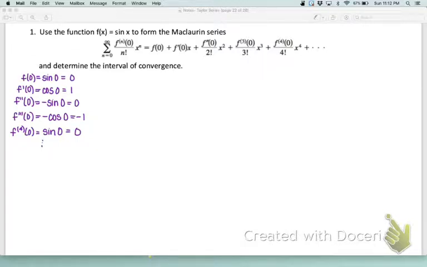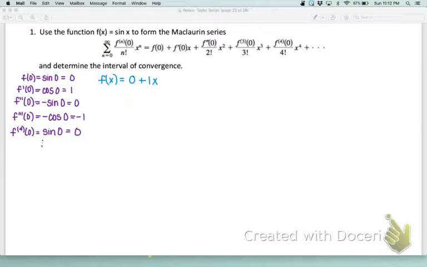So we can use those coefficients and use the pattern that we know for Maclaurin series. And we're going to set this up. So we're going to say that f of x, which is the function sine of x in this case, is going to be equal to f of 0, so that's 0, plus f prime of 0 times x, so that's going to be plus 1x.